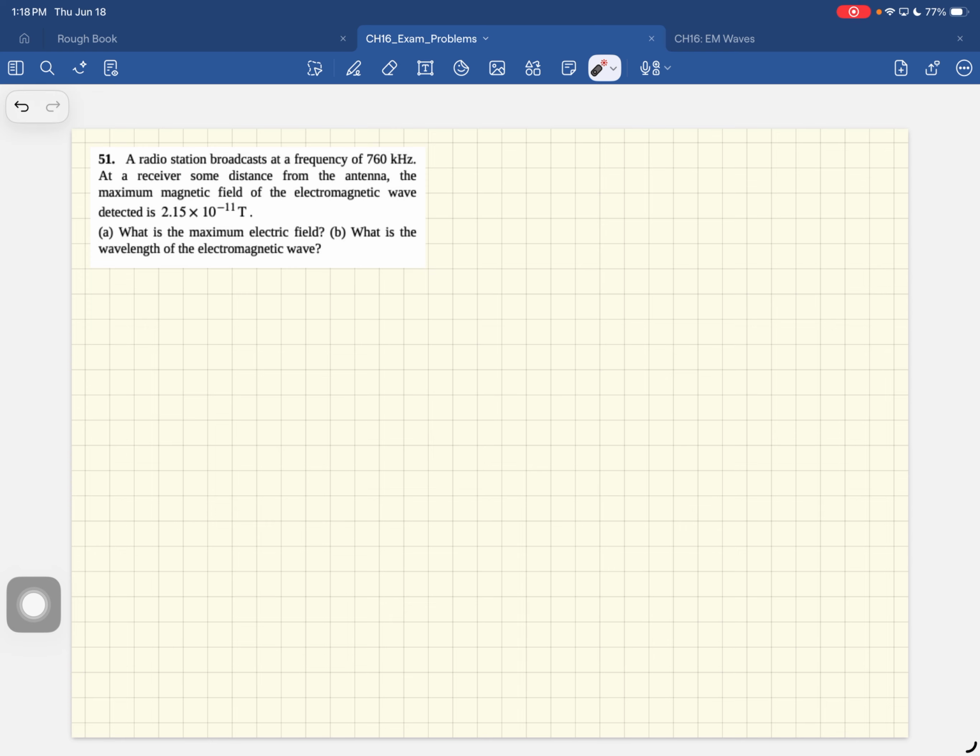And so we'll make this 10 to the 6, so 300 divided by 0.76 meters.